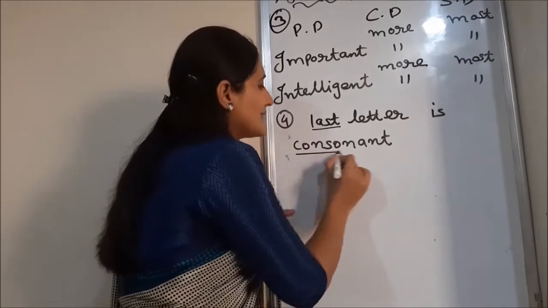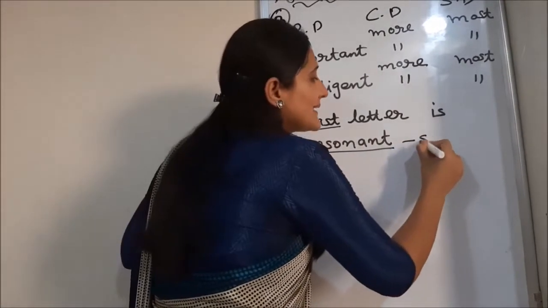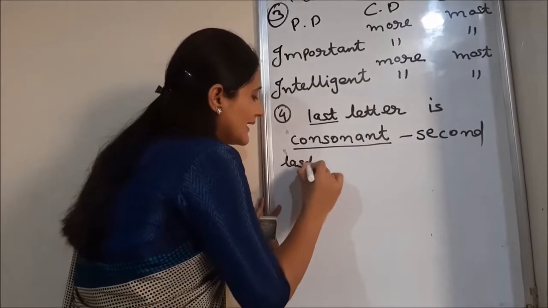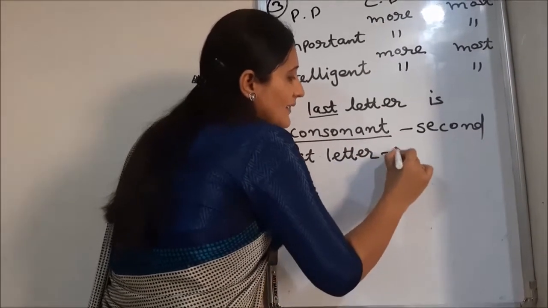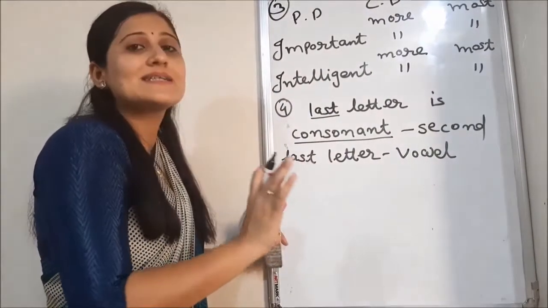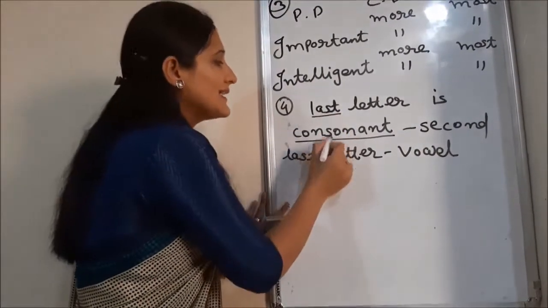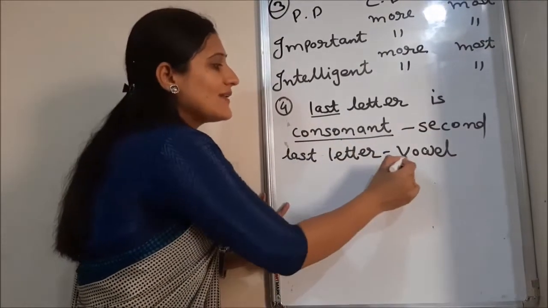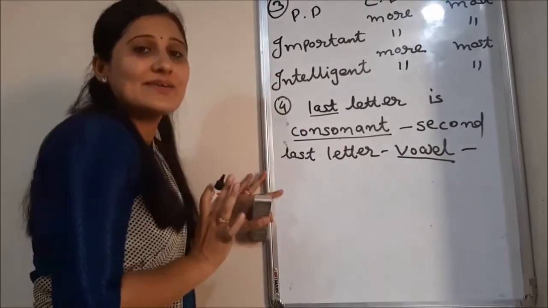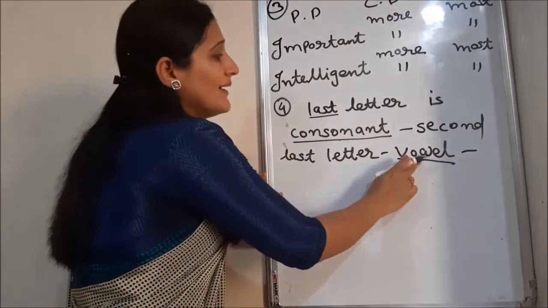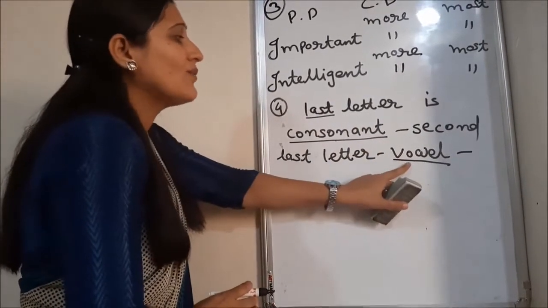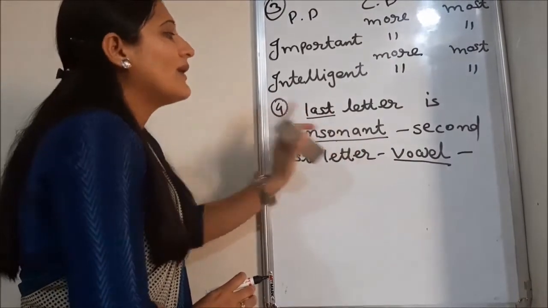If the last letter is a consonant and the second last letter is a vowel, here you need to remember vowel, consonant; last is E, last is Y, nothing else. Then you need to double the last letter.